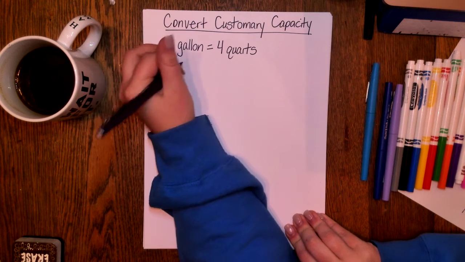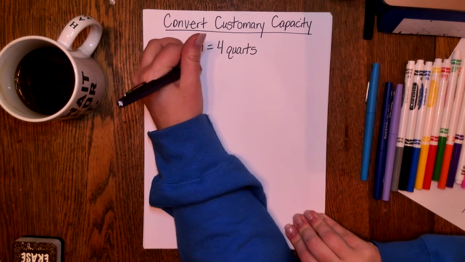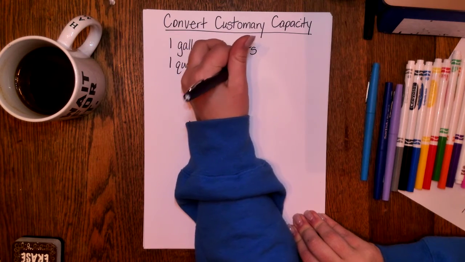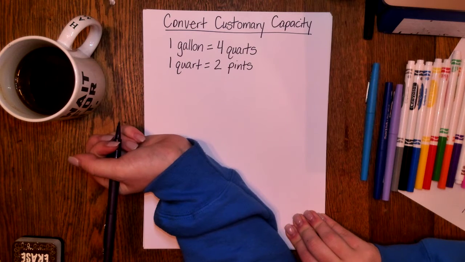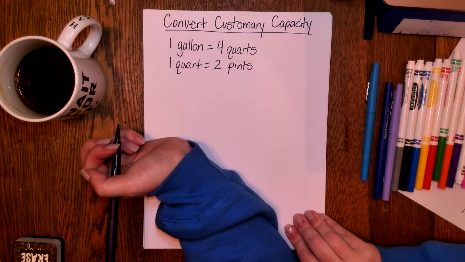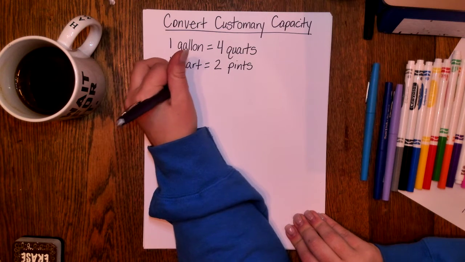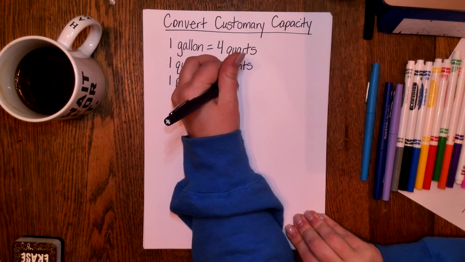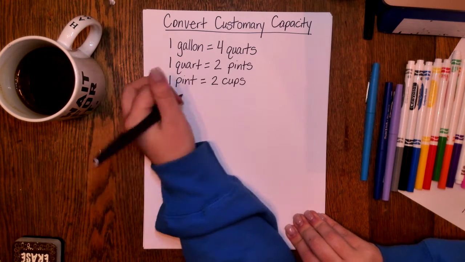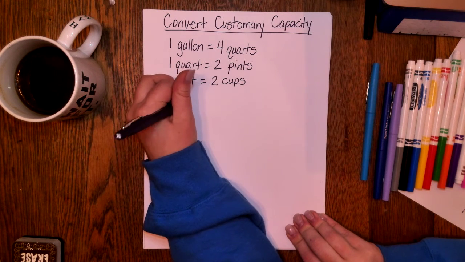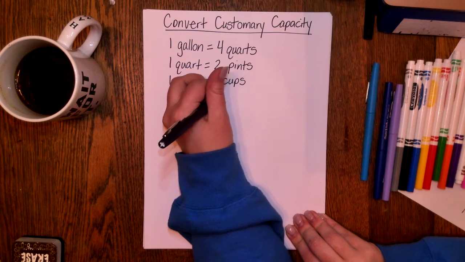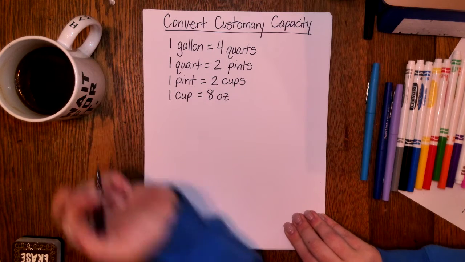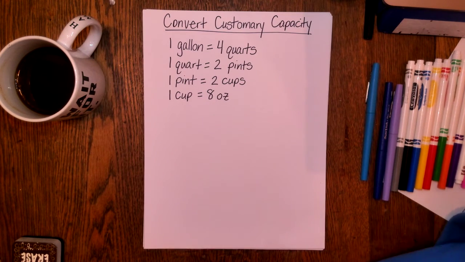We know that 1 quart equals 2 pints. We know that 1 pint equals 2 cups, and that 1 cup equals 8 ounces. All right, so let's do some work.